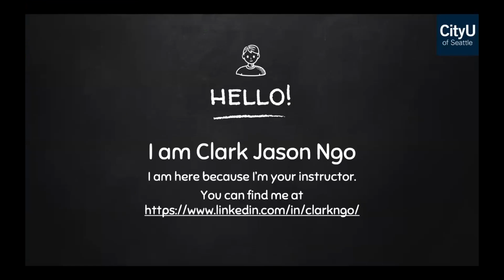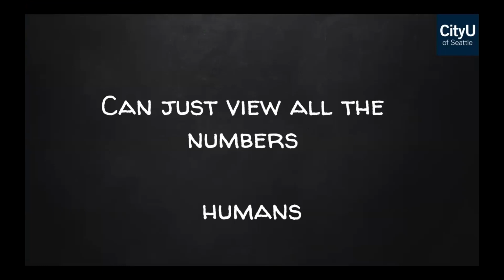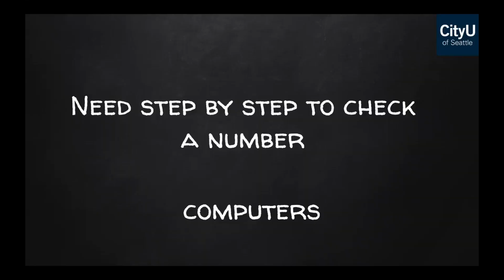First things first, as humans, when they ask you to find a number, usually you would see all the numbers, let's say on the board or on a sign, and you can easily spot, hey, there's my number 2, there's number 50 that I want. However, for computers, they can't see the whole picture right away.